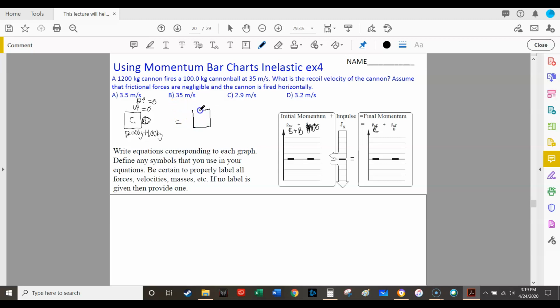You've got the cannon here, and the ball over here. The ball is going to be moving to the right with a final velocity of positive 35 meters per second, and this is the ball's mass, which is 100 kilograms. The cannon is going to be moving to the left at some final velocity.